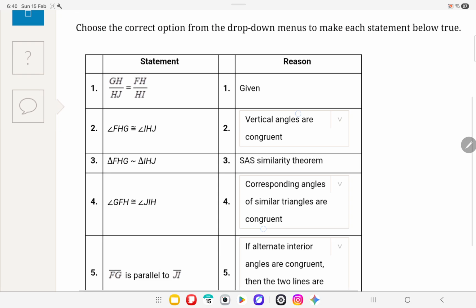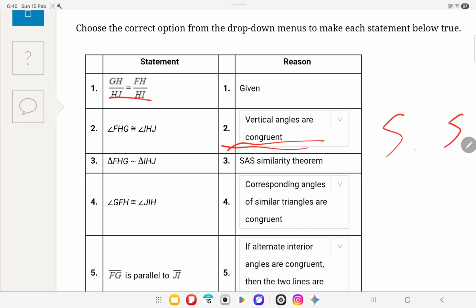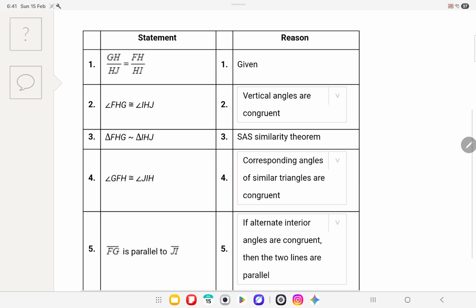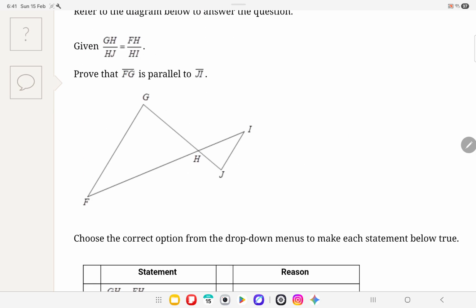And we know that we have a vertical angle that is congruent. So we have two sides that are similar and an angle that is congruent. So that's side, angle, side, SAS similarity theorem. Okay? And then here it's showing us GFH is congruent to GIH.